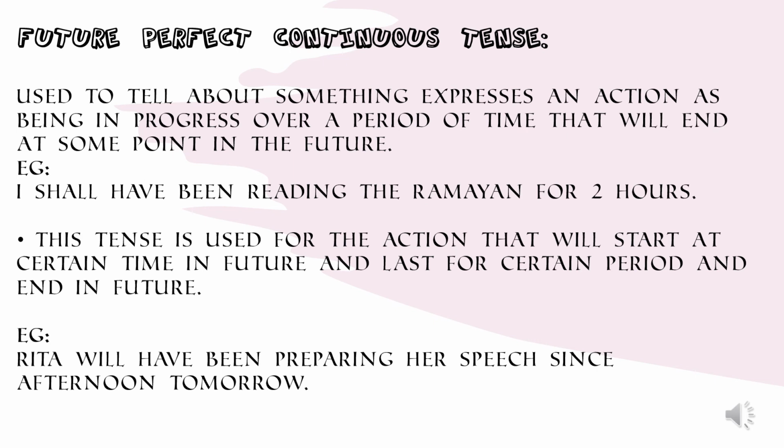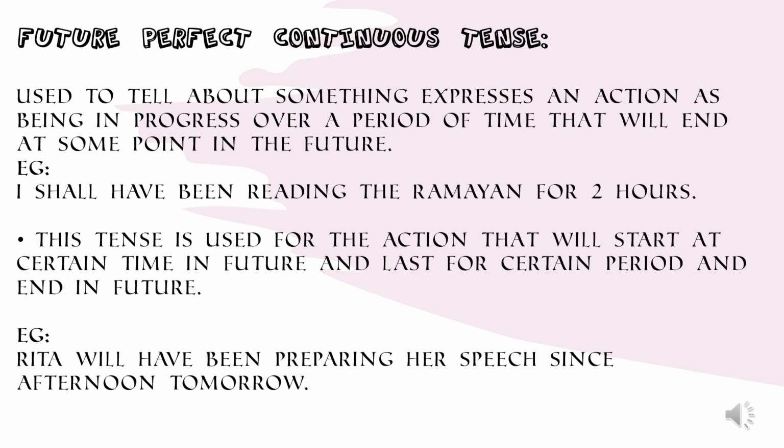Example: I shall have been reading the Ramayana for 2 hours. This sentence is used for the action that will start at a certain time in the future and last for a certain period in the future. Okay. Next example: Rita will have been preparing her speech since afternoon tomorrow.